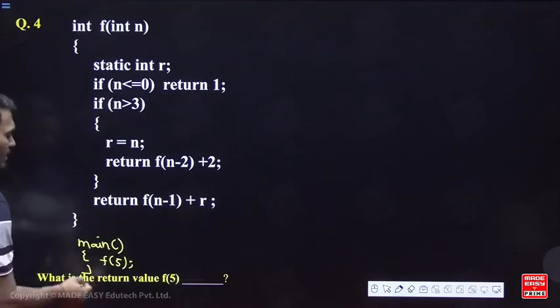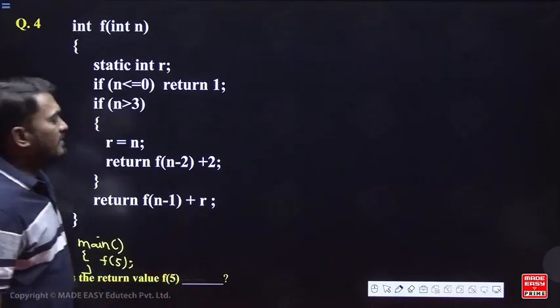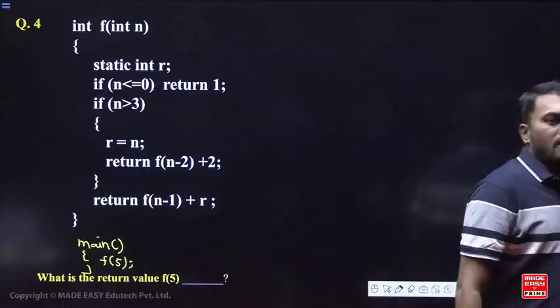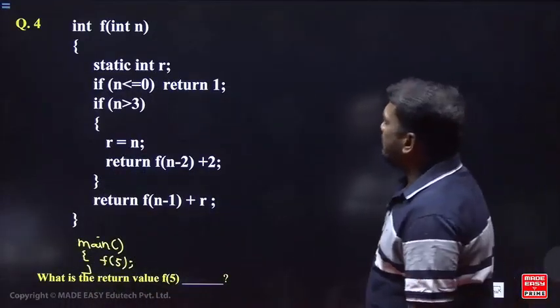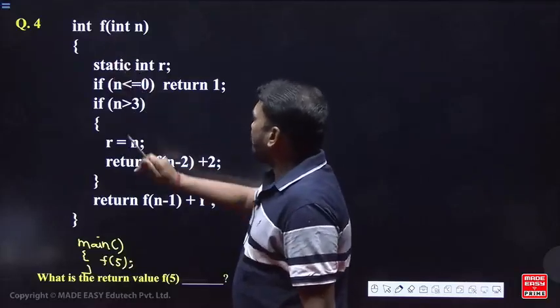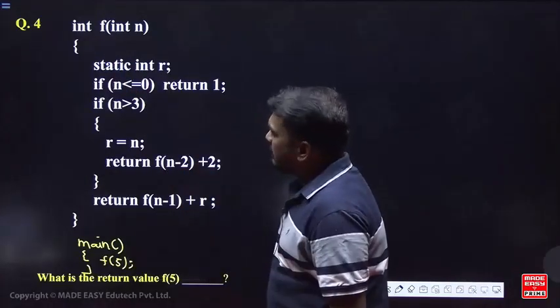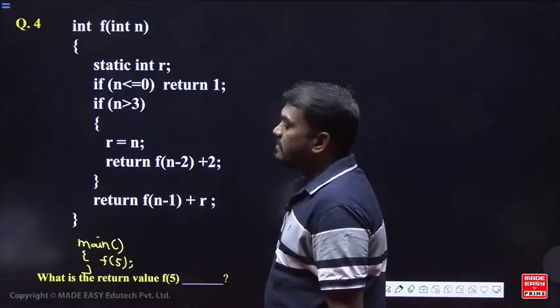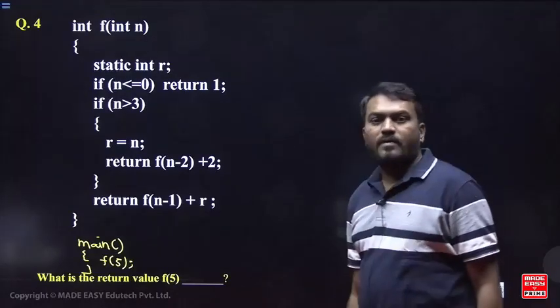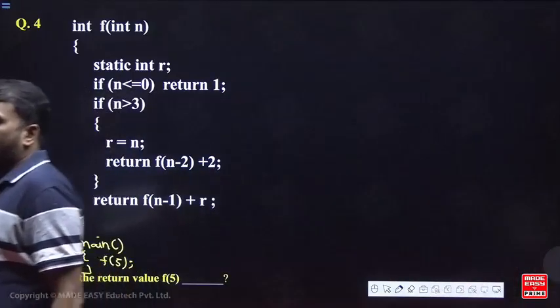So this is the meaning of this. What is the return value of f of 5? Please copy the question and try to solve. This is also with the recursion. Look here, f के अंदर f को कॉल कर रहा है, so it is a recursion. Recursion means you need to solve with the help of a stack. So the next question is on the screen for you. Copy the question and try to solve.